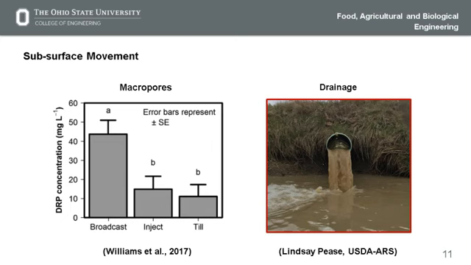They installed some lysimeters, which is a device that can measure the infiltration, and saw that the broadcast applications had higher concentrations. And why is that? Well, if the injection and tillage operations have less concentration, then possibly those macropores are directing those fertilizer particles straight down to the drains. So that was some work that pointed towards macropore movement.